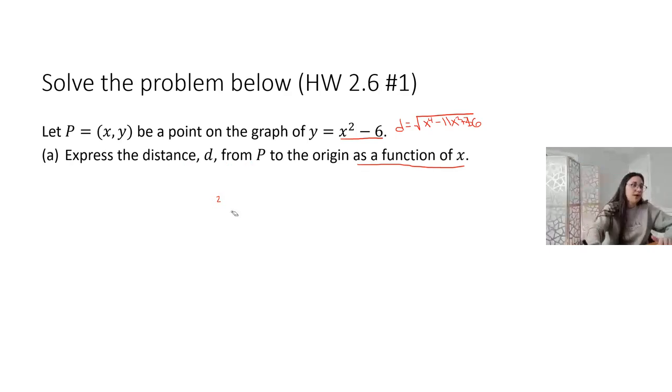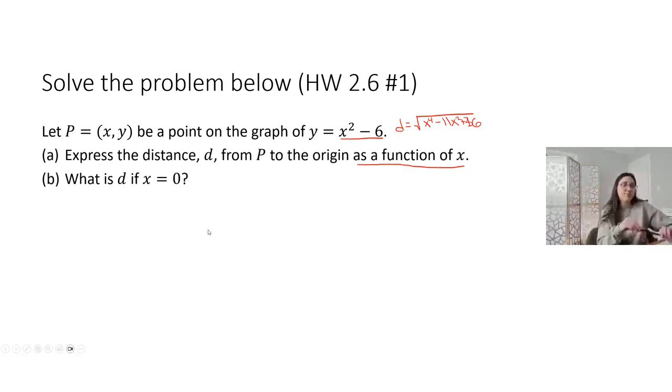Okay, so we have our formula for distance in terms of x. We want to know what the distance is if x equals 0. Hard part is done already. We have our formula. All we have to do is plug in x equals 0. So when x equals 0, our formula for distance becomes the square root of 0 to the fourth minus 11 times 0 squared plus 36.